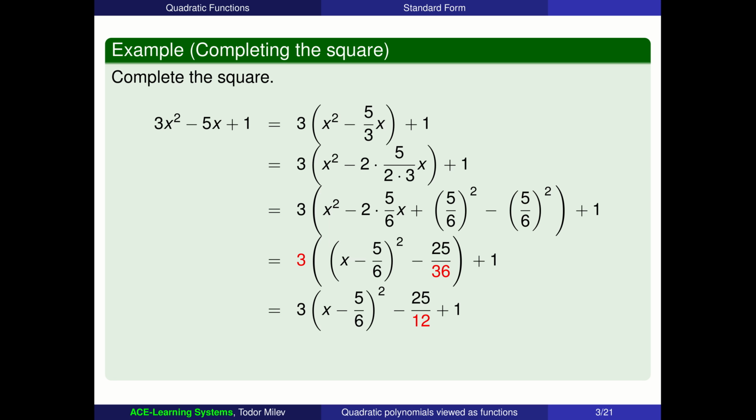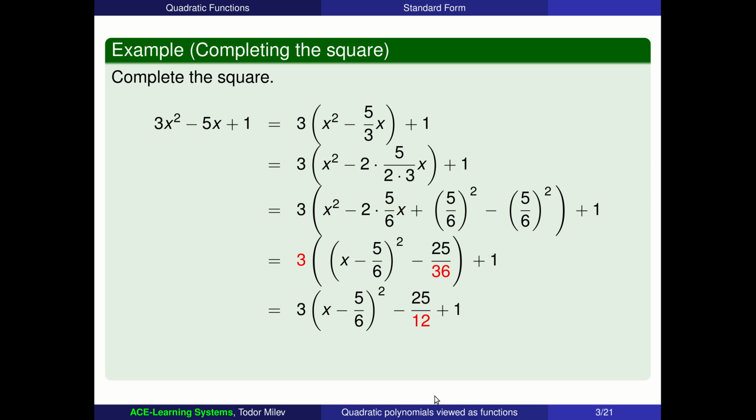And of course, when we distribute here, we'd be getting 3 times 25/36. But 36 is divisible by 3, so we can cancel out to 12, right? Because 3 times 12 is 36. So we get here 25/12.